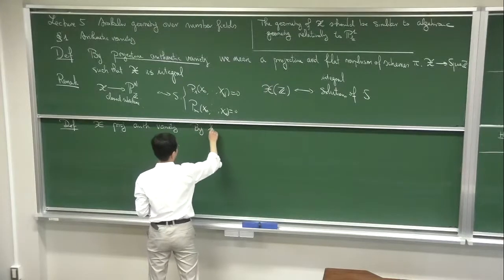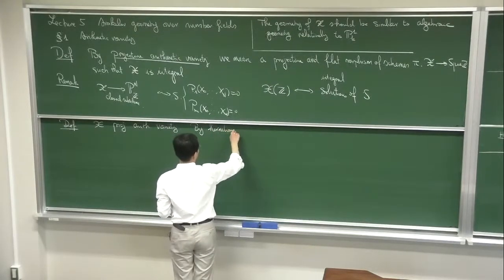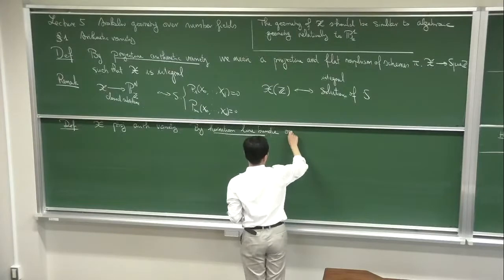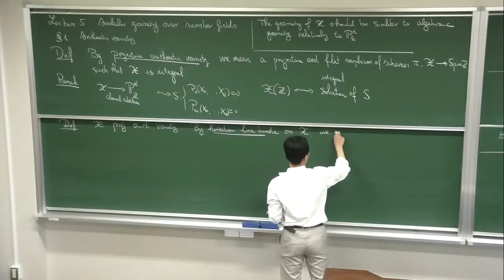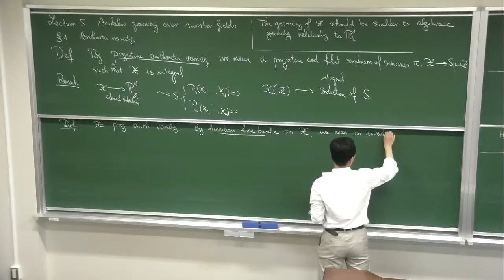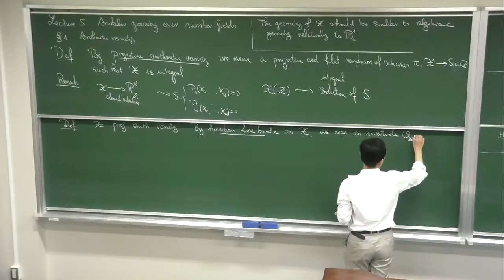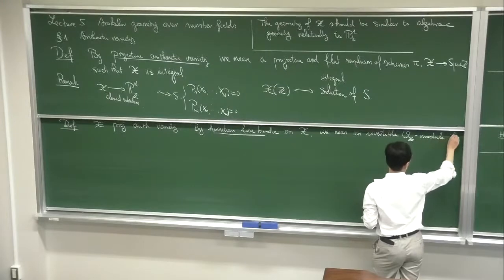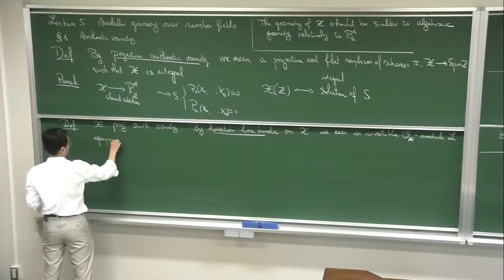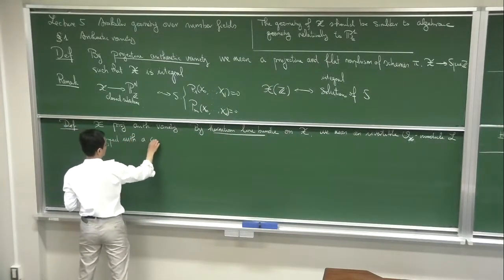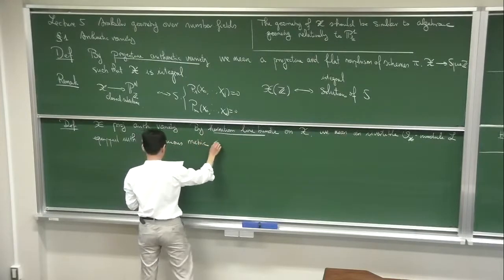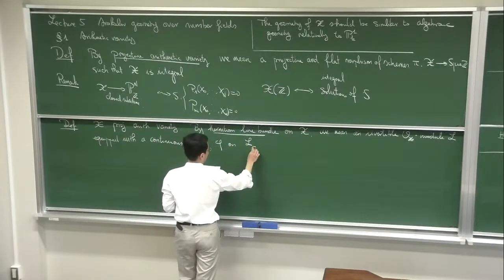By a Hermitian line bundle on X, we mean an invertible O_X-module, the line bundle L, equipped with a continuous metric phi on L_C.